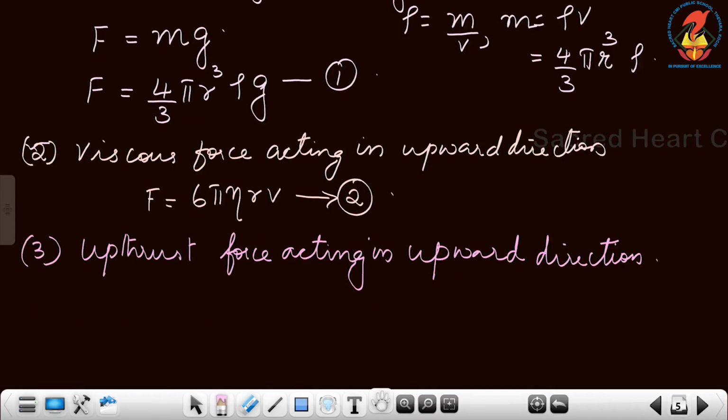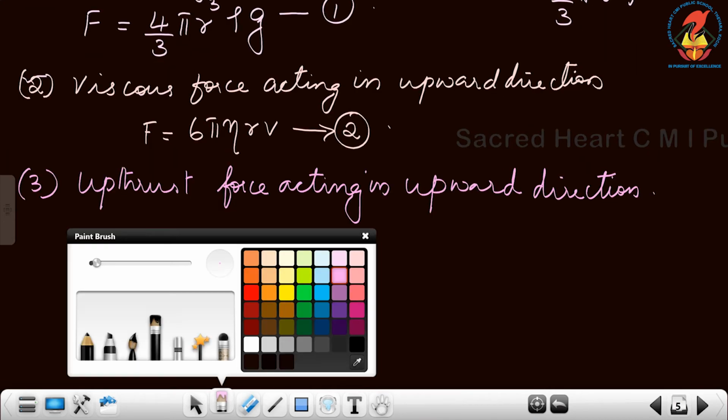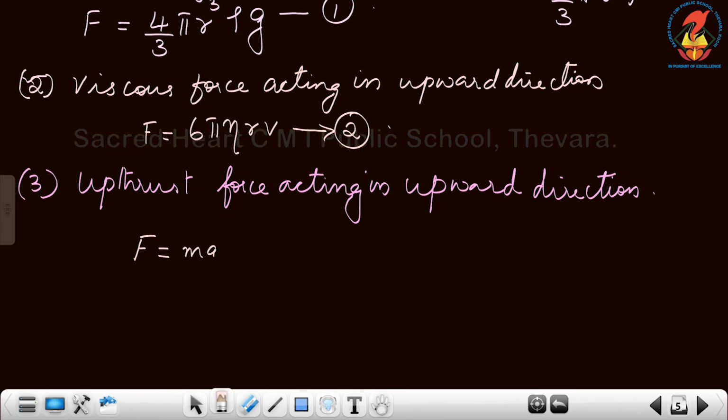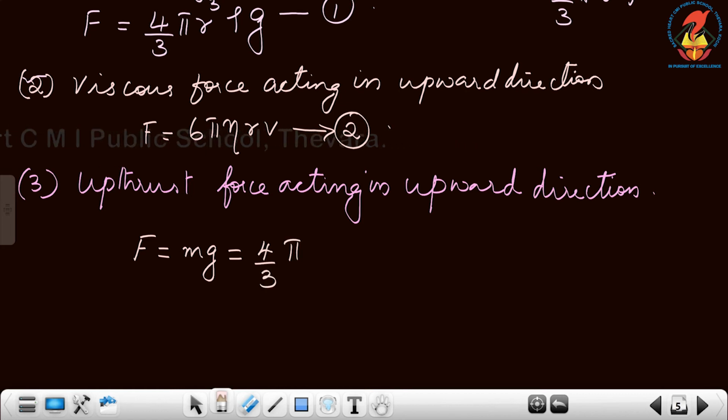And this force is equal to what? Is equal to the weight of the liquid displaced by the body. So F is equal to weight, again it is mg, but in this case it is the liquid being displaced, so we write 4 by 3 pi r cube into the density of the liquid, sigma, into G.